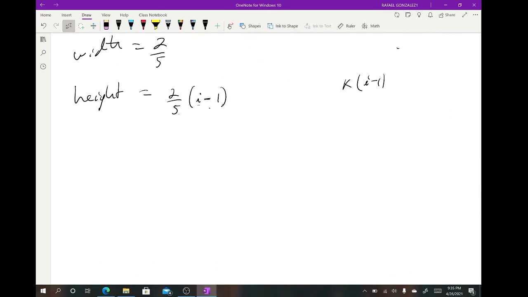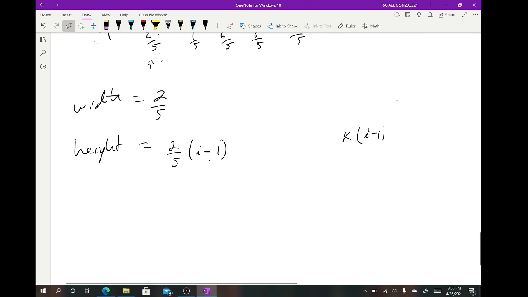Okay, so let's finish up this problem. Now that we have a way of determining the height and the width, it's again a matter of putting it together. So we have a sum from i equals 1 to 5 again. This remains the same, the upper bound and lower bound.